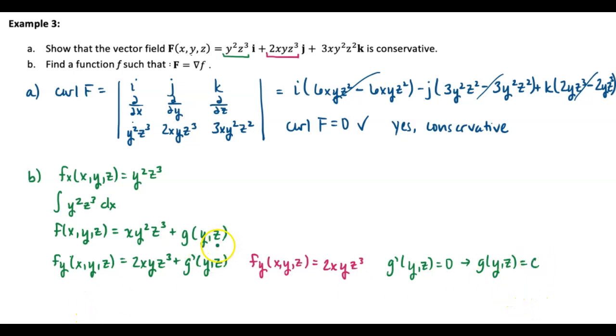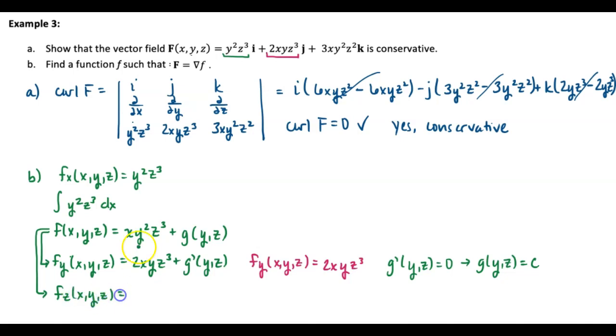And so now that we've sorted out the y part of it, let's see if there's potentially a constant that's a function of z. And so we're using this same function that we used to get this partial with respect to y. And now we're finding the partial with respect to z of f(x, y, z).